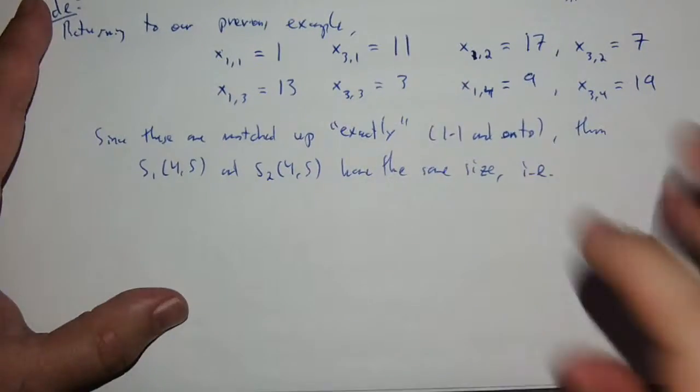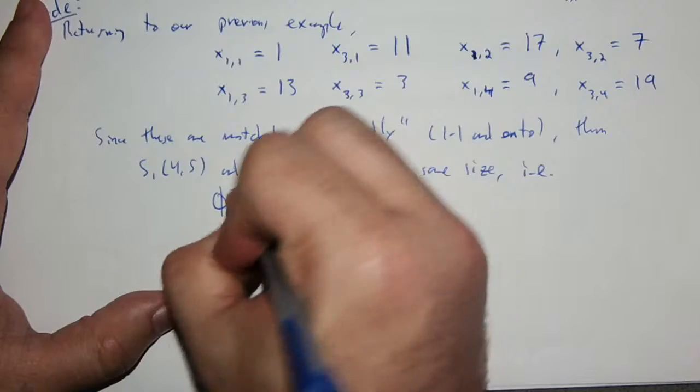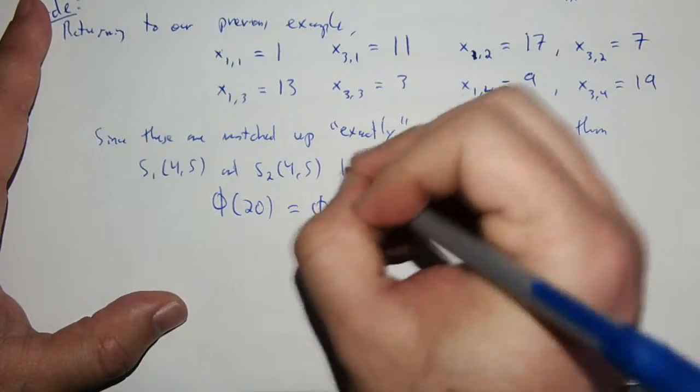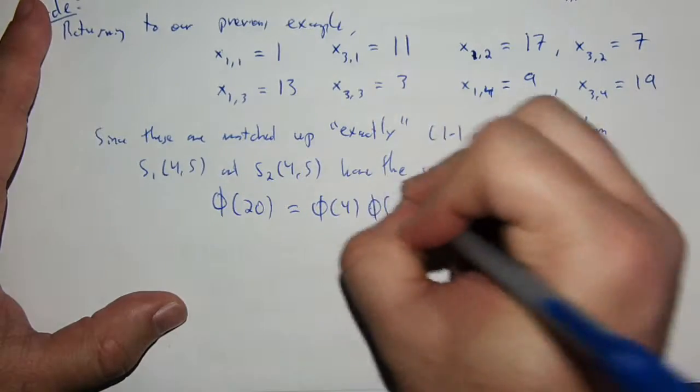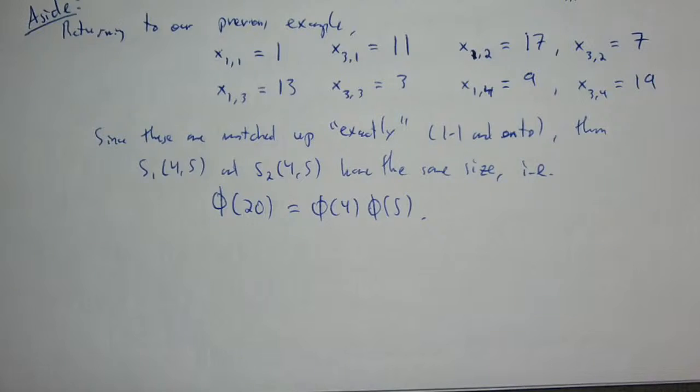I.e., of course, what that says is that phi of 20 is equal to phi of 4 times phi of 5. But we can do this in the general case.